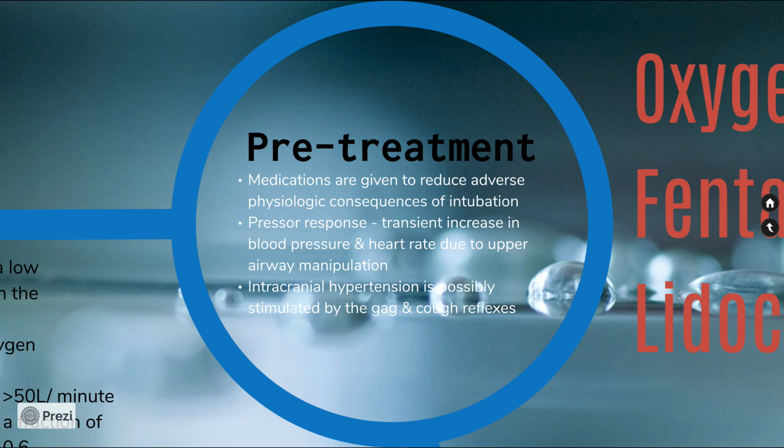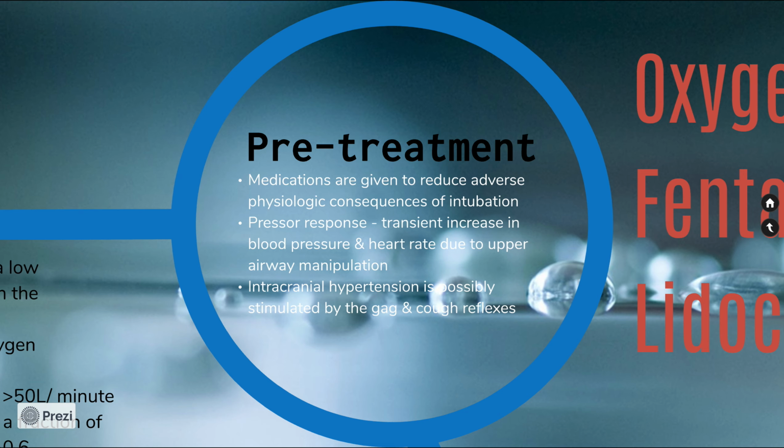One is the pressor response, and the other is intracranial hypertension. Both of these are actually part of the sympathetic response, or perhaps part of the reflexes that are protecting the upper airway. So, what is the pressor response? There is a transient increase in blood pressure and heart rate due to upper airway manipulation.